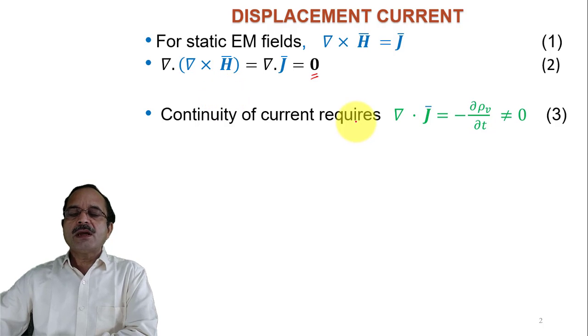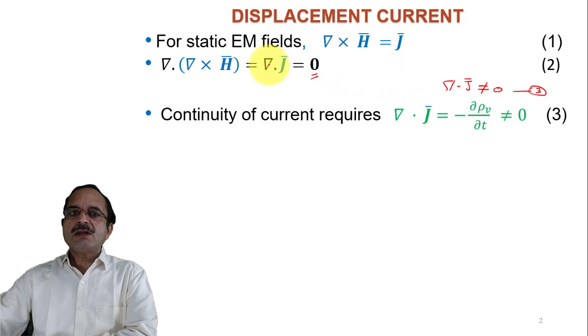Now, as per the continuity equation, divergence of current density is equal to negative rate of change of volume charge density. So by making use of continuity equation, we can say that divergence of J is not equal to 0. So this is our equation number 3.